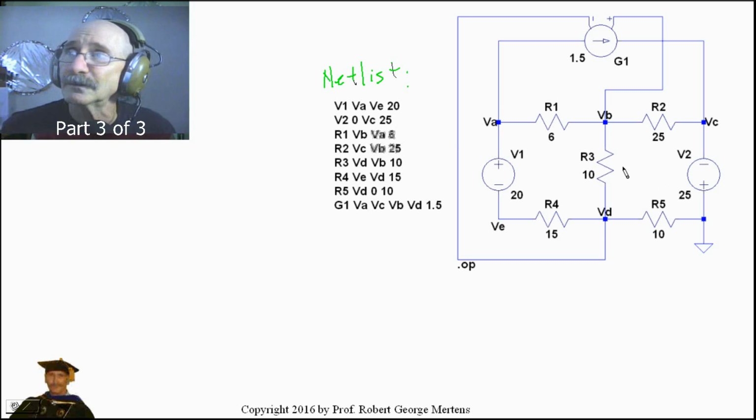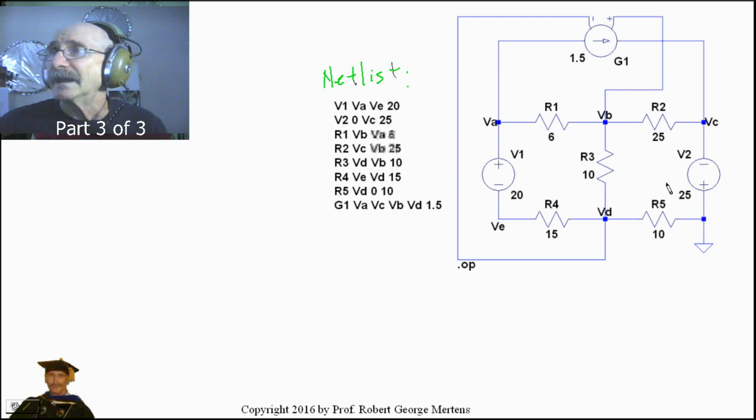This one's 20 volts and this one is 25, minus 25 almost. And here's our reference. Remember, there's no current going through here. Right? It's just a reference. It's just a place where we're calling this equal to 0.